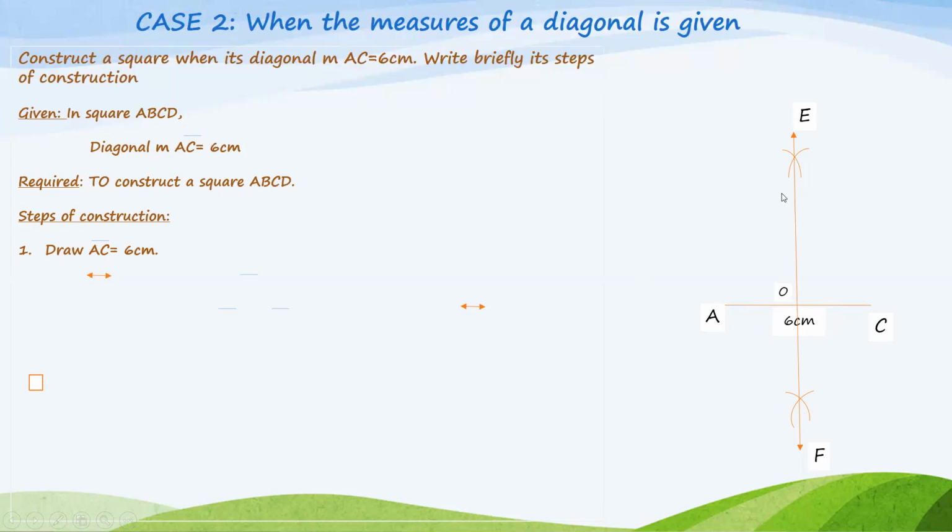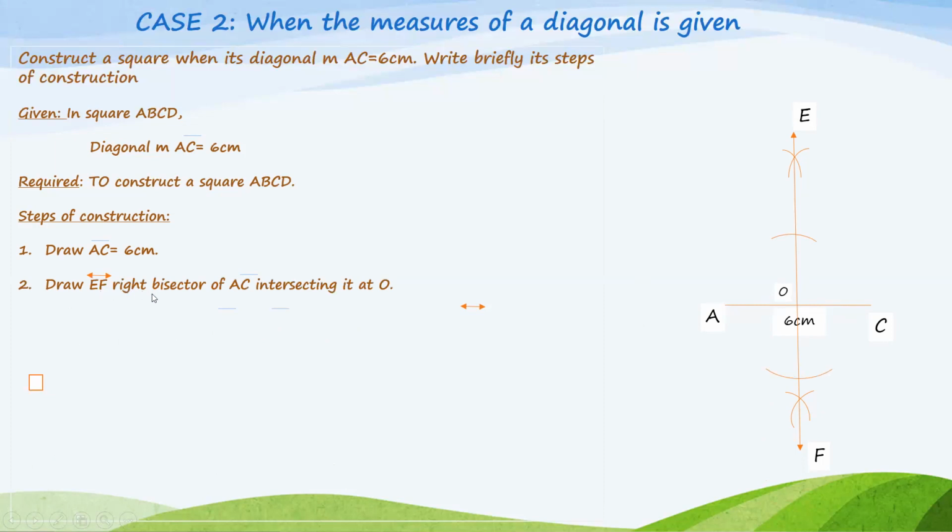So here we have drawn the right bisector which bisects the diagonal AC into equal parts. So let's write down the steps together.